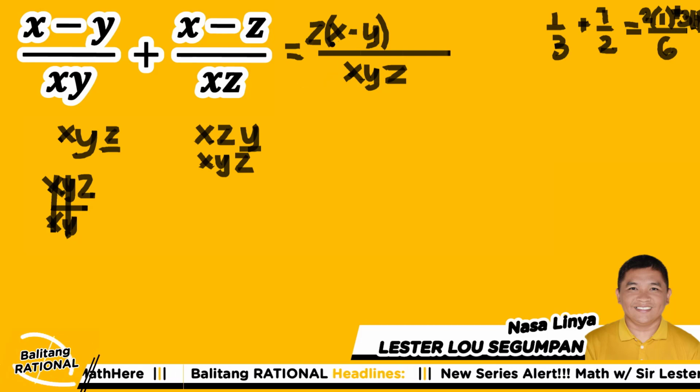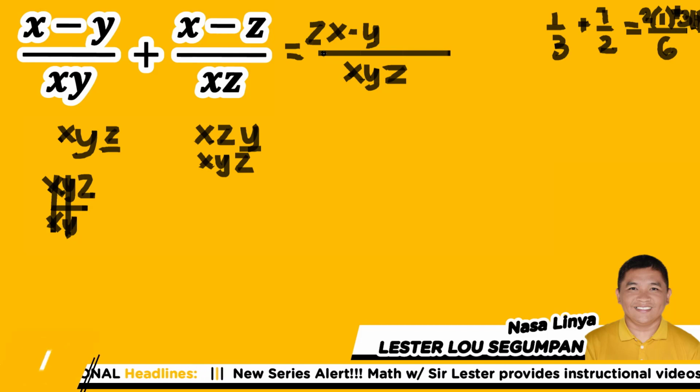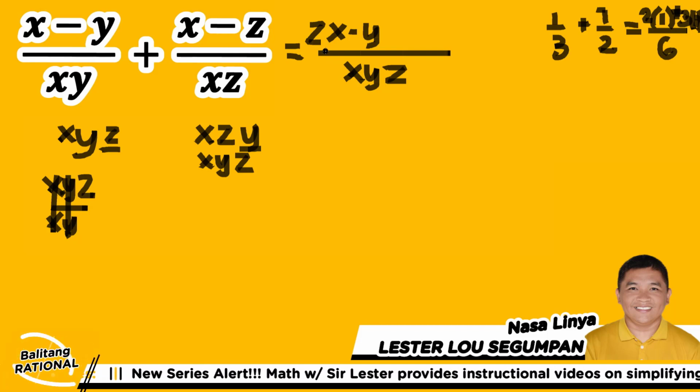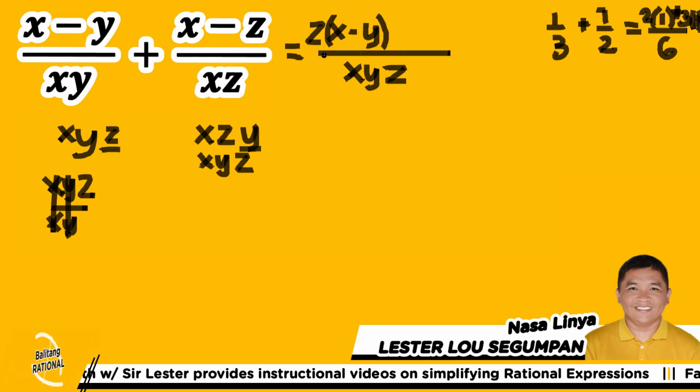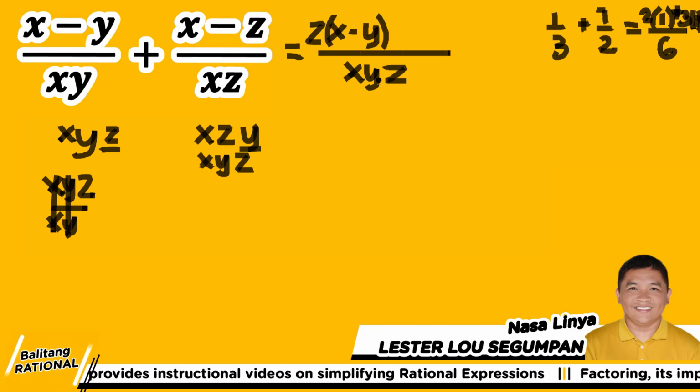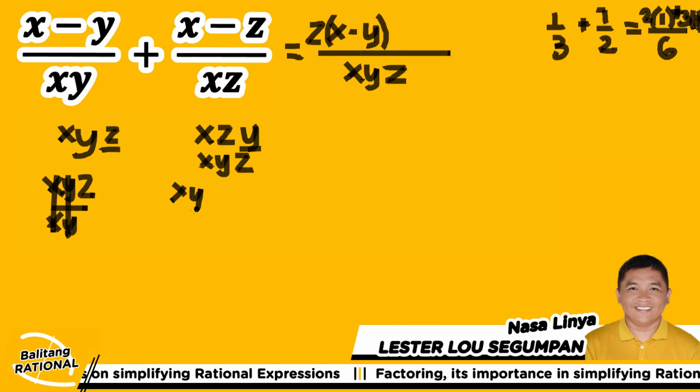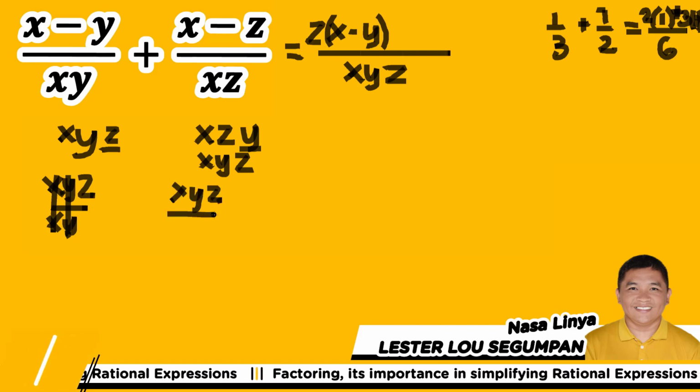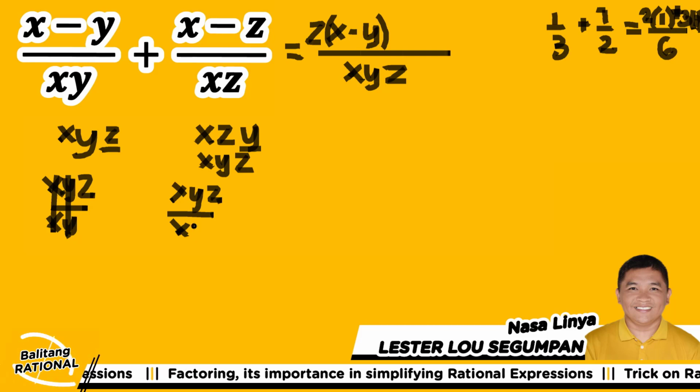Okay? Because if you're going to write it just like earlier, it means only the variable x is multiplied with z and saka yung y, wala po. So we need to really make sure to place parentheses. Sa kabila, we will do the same thing. X, Y, Z divide by X, Z. And we will know that the multiplier is Y because we can cancel this, we can cancel that.